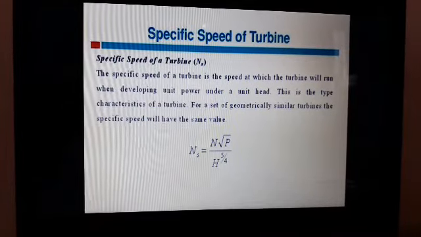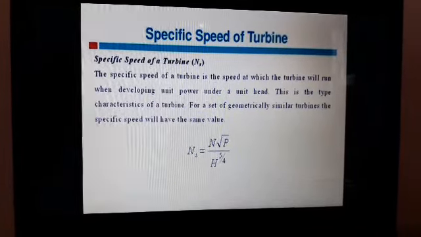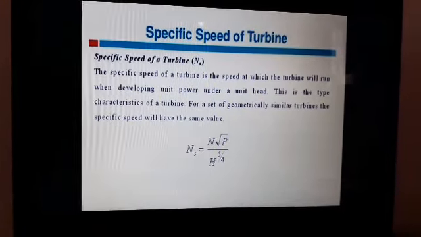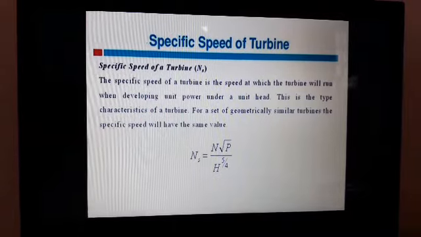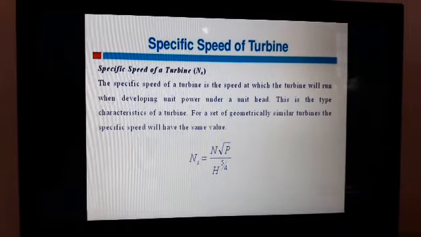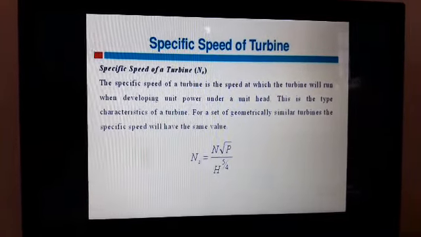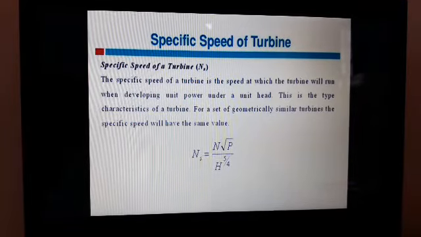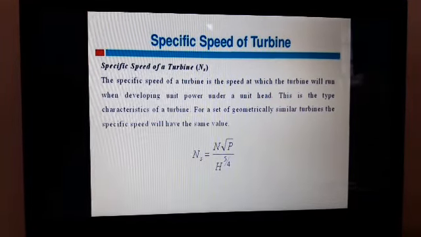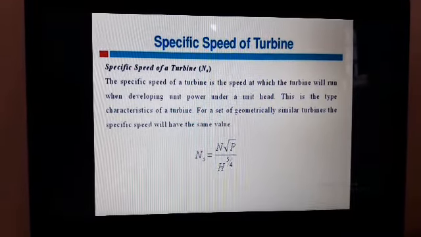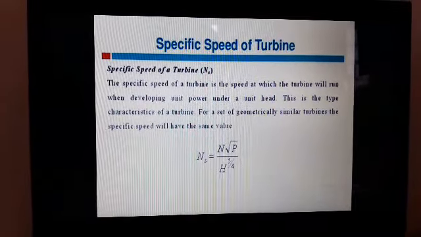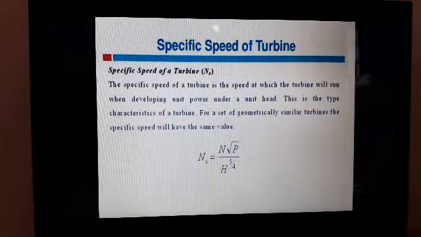Before going to the next classification of the turbine, we define some important terms related to the hydraulic turbine, which is the specific speed of the turbine. Specific speed is the speed of the turbine at which a turbine runs under unit power and under unit head.